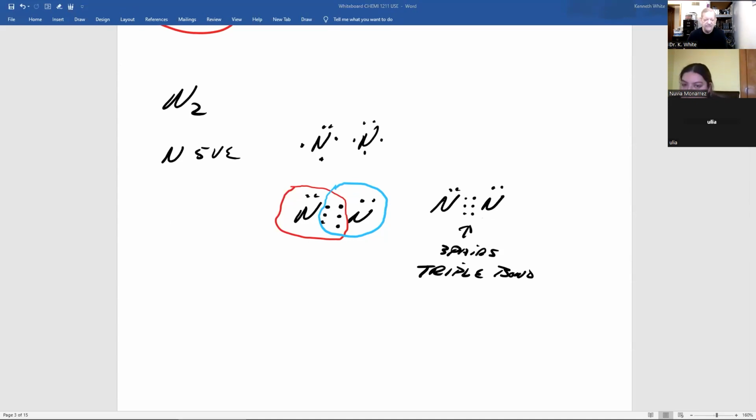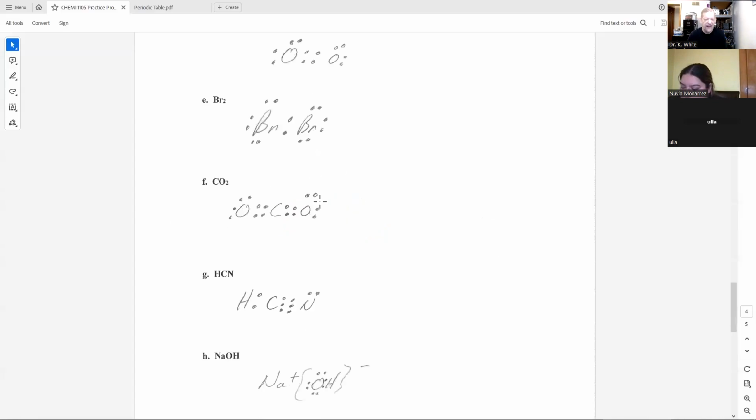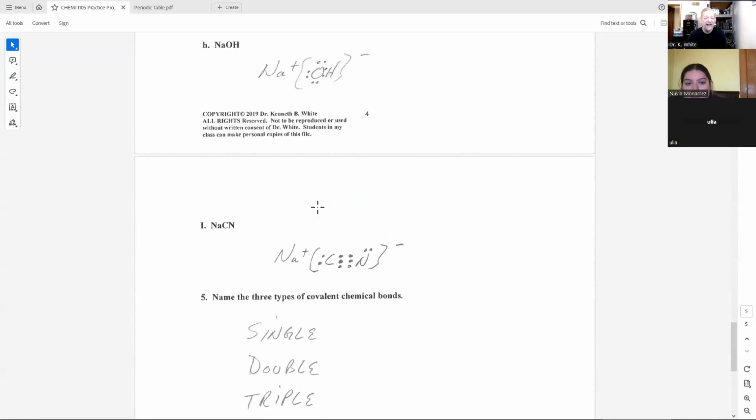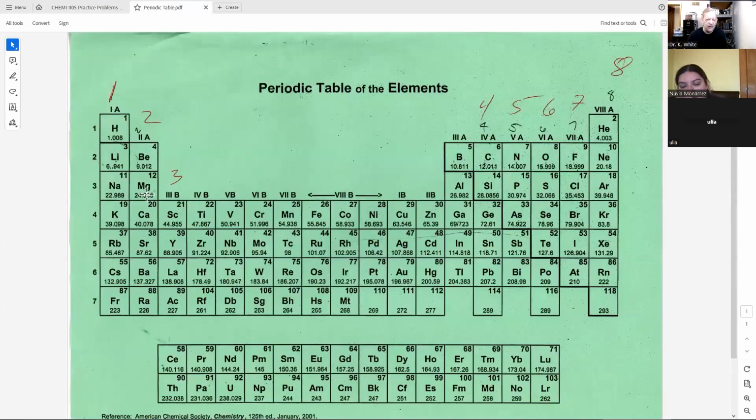How do you do this? Let's look at sodium cyanide, NaCN. How do you draw the Lewis structure? Well, let's go back and look at the periodic table, because sodium has how many valence electrons? Look on top, 1. Carbon has how many valence electrons? Look on top, 4.